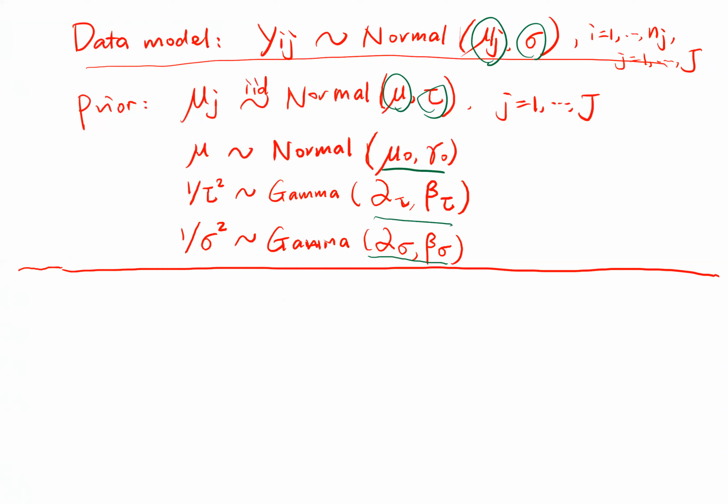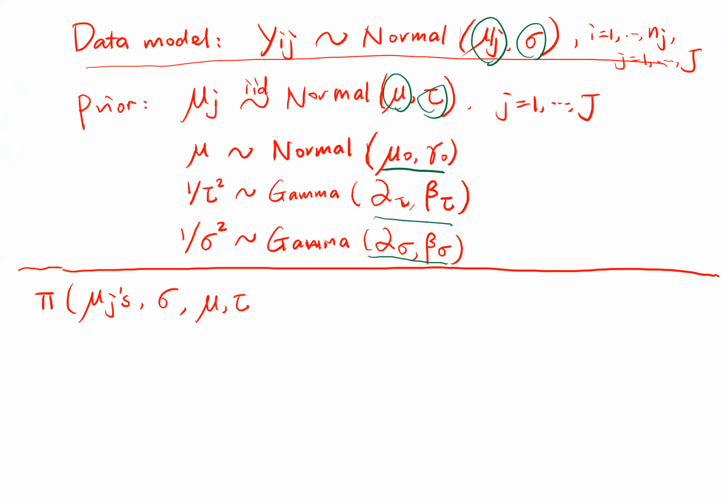Keep very clear about what is random. First of all, what are the parameters? Second, how am I going to give priors for them? And then in the end, you can summarize everything together to come to your joint posterior. Now that we have identified all of the parameters, we know that the joint posterior should be on all of the mu j's, sigma, mu, and tau.